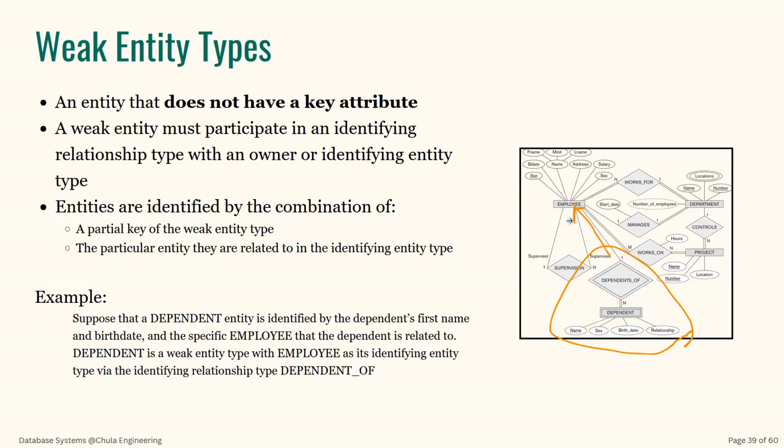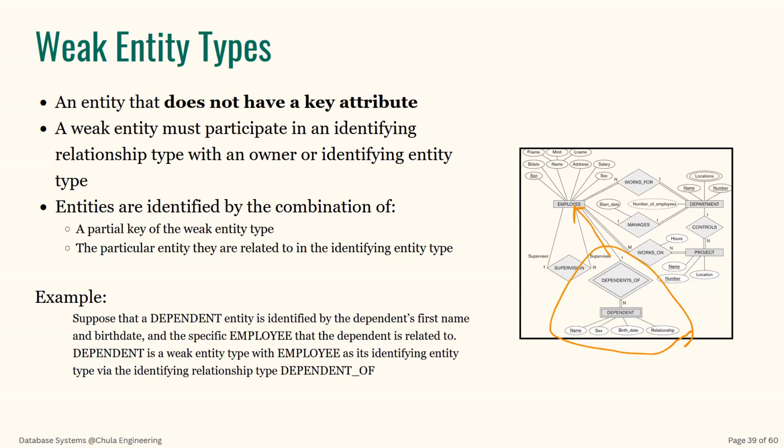So if you take a look at the dependent here, I have the dotted line under name. You can see that, right? But name is not actually a good attribute because it could be duplicate, right? So now if it duplicates with the other people, it's no longer a key.